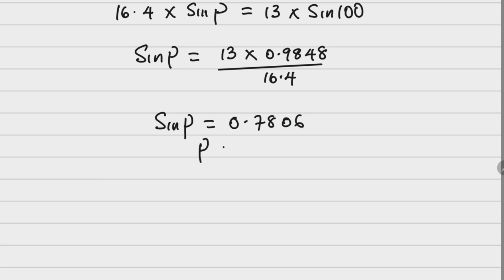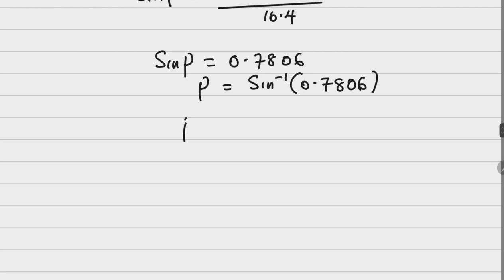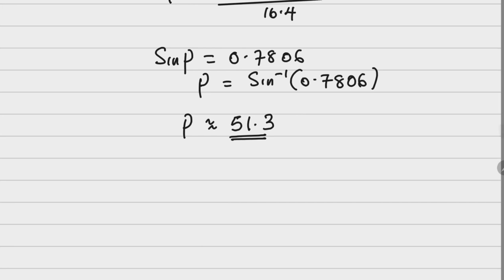So that my P is going to be sine inverse of 0.7806. Now, P will now be approximately 51.3. All right. So this is the value of P.